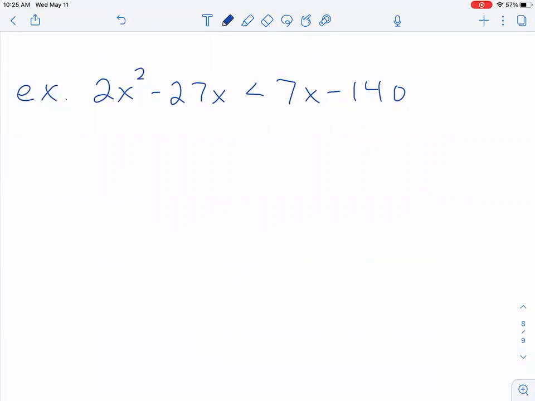So I'm going to rewrite this as 2x squared, and I'm subtracting 7x, so that's going to be minus 34x plus 140 is less than 0.